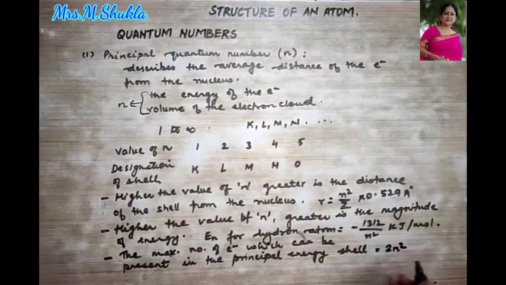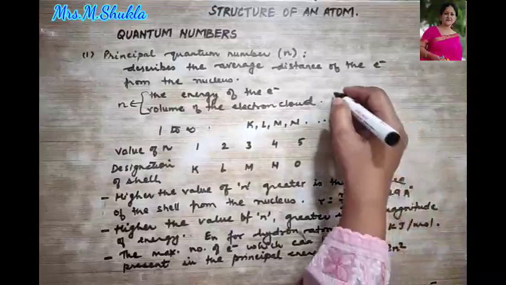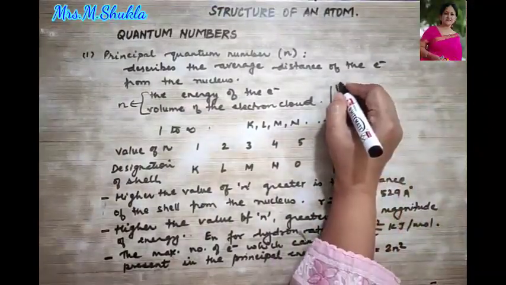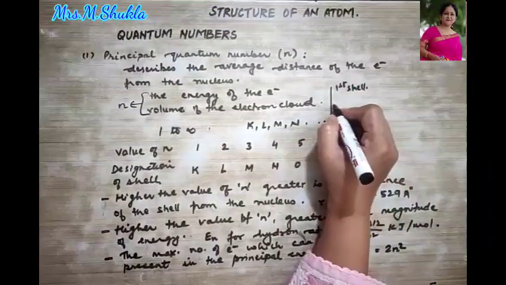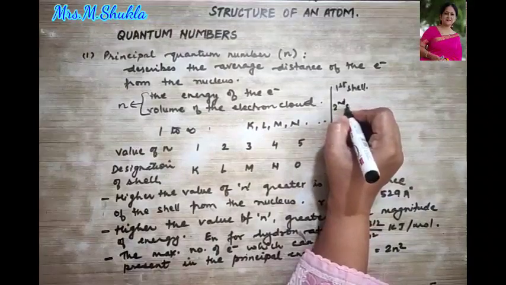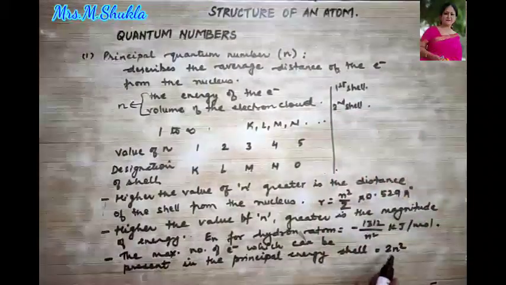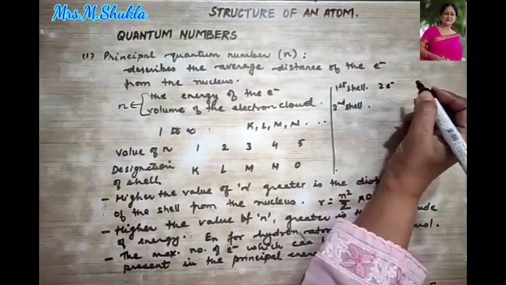With 2n square, right? So for example, the first shell, according to 2n square, will have 2 electrons.